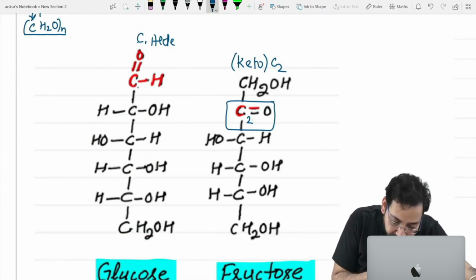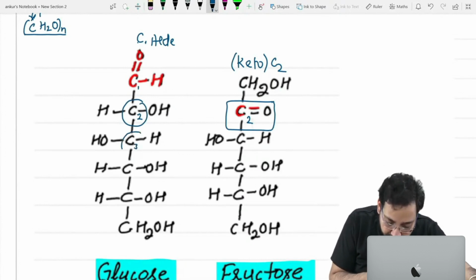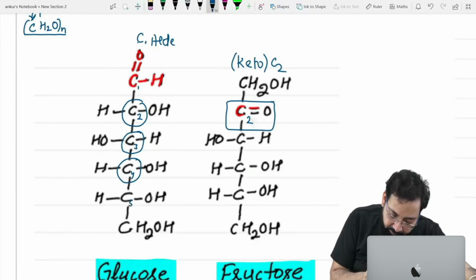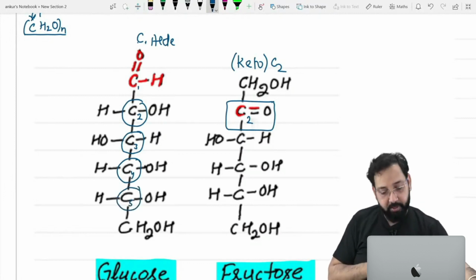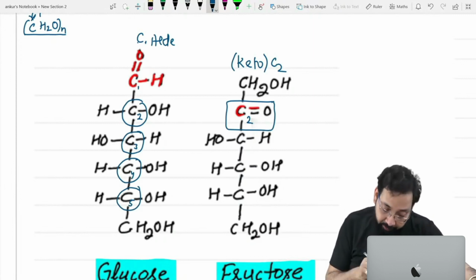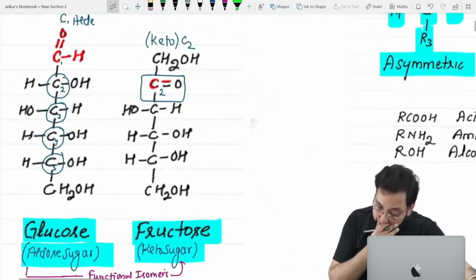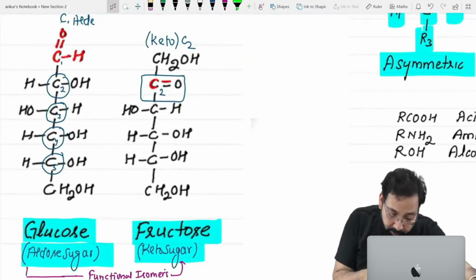C2 is asymmetric, C3 is asymmetric, C4 is asymmetric, C5 is also asymmetric. So there are 4 asymmetric carbon atoms in glucose.